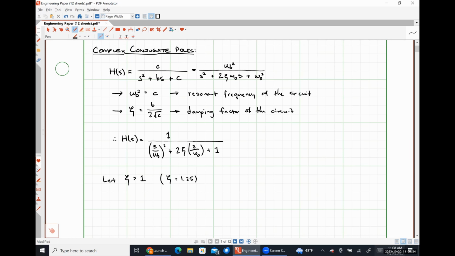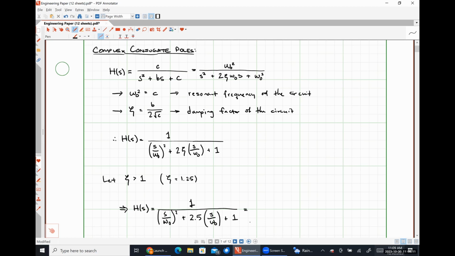So for zeta equal to 1.25, our transfer function would be H of s equal to, let me do my denominator first, s over omega naught quantity squared, 2 times 1.25 is just 2.5, s over omega naught plus 1. And our numerator here is just 1.